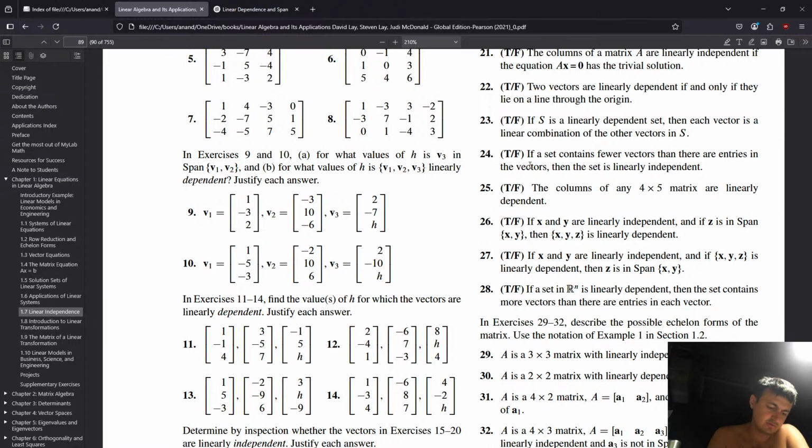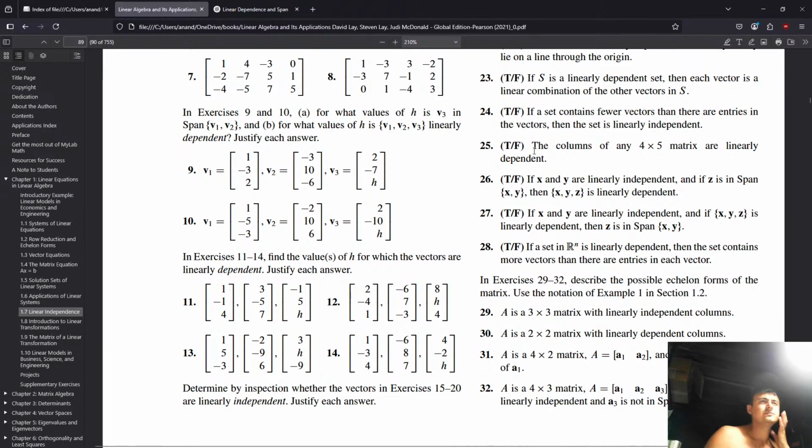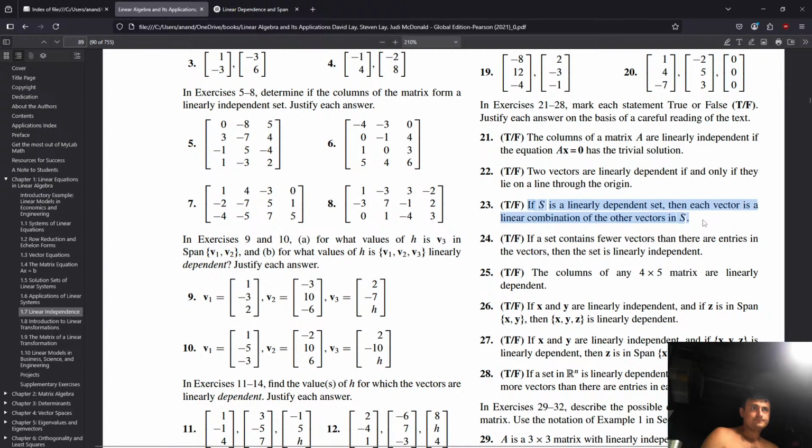So you get x1 u plus or minus w is equal to minus x2 v. Then you divide both sides by minus x2, and you get minus x1 over x2 u plus 1 over x2 w, and that's going to be equal to v. There's no restriction on that. So actually, I'm changing my mind. I'm pretty sure this is true.